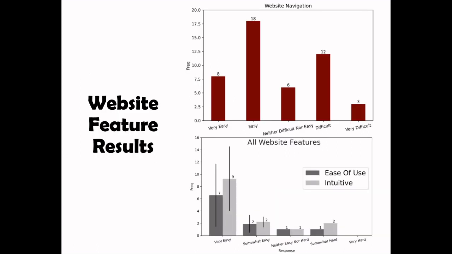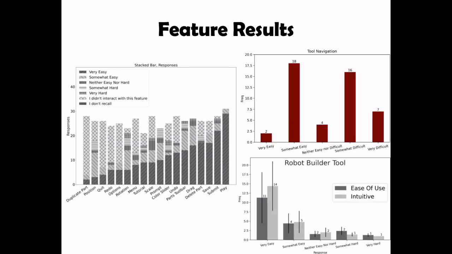For the website features specifically, the top right, we have a general question about how easy the website was as a whole to navigate through. On the bottom, we have individual feature understanding aggregated for mean and standard deviations. For the tool specific features and navigation, again, on the top right, we have a more general question on how was the experience as a whole.